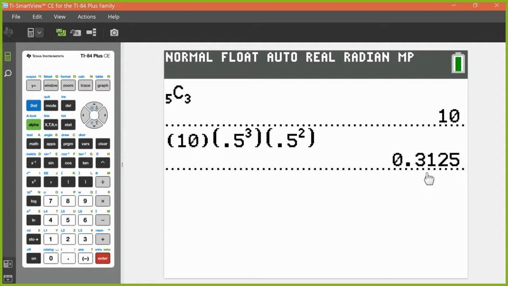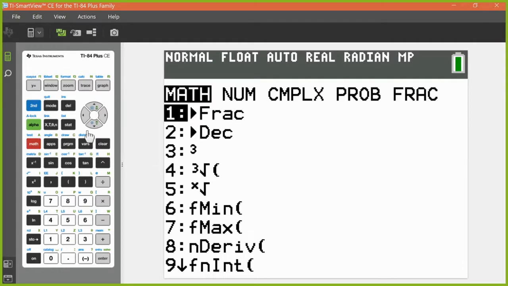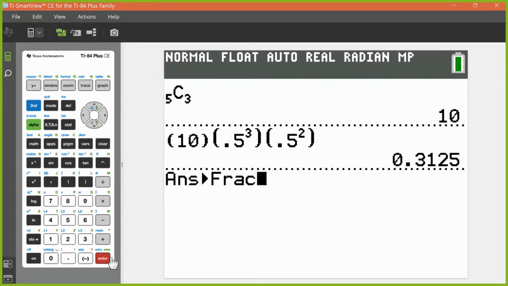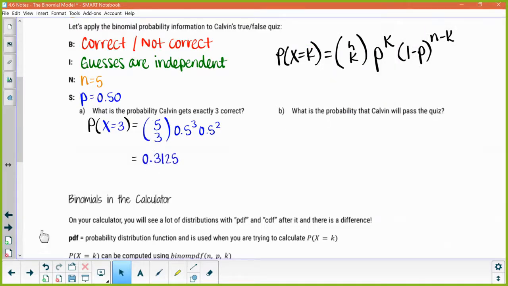That's going to give me 0.3125, which in fraction form is 5 out of 16, coming from our 10 out of 32 that we got using the table. For this one, you don't have to convert it to a fraction. I left mine as just 0.3125. I just wanted to show you it's the same answer we got when we did the table looking at all of the combinations.